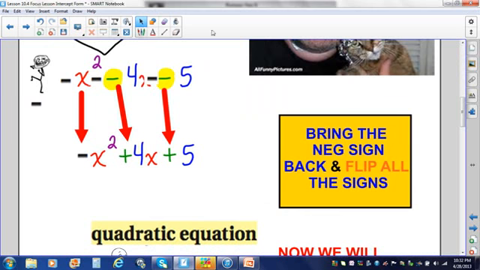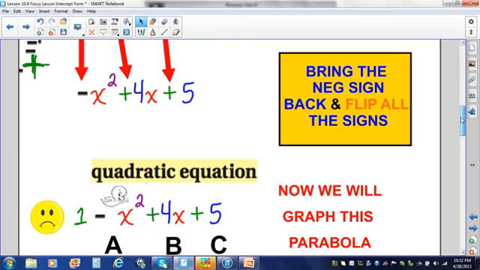Two negatives in a row become a positive, and two negatives in a row become a positive. So basically I just flipped all the signs that were up here. Visual people, flip this from a positive to a negative, flip this from a negative to a positive, flip this from a negative to a positive.